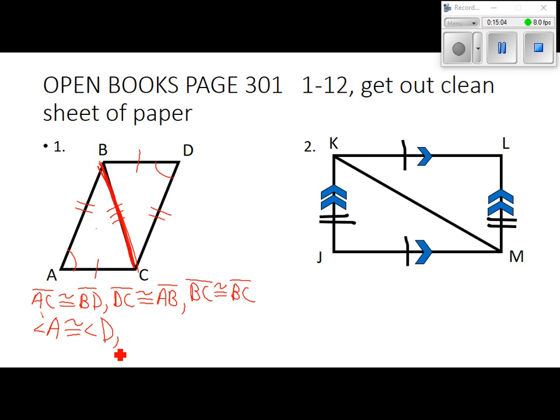We need the other angles. Then they give us this information. They have 2 marks here, 2 marks here. We can't name this angle or this angle with 1 letter, so we've got to name it with 3 letters, and we start with DBC. So angle DBC is congruent to angle, and then this one down here is angle BCA.